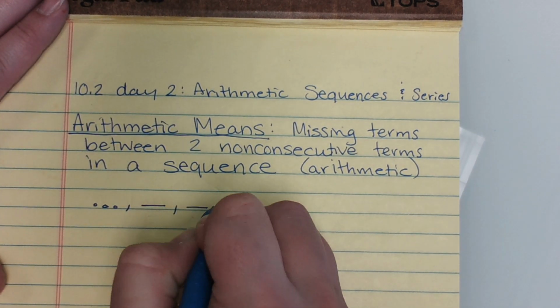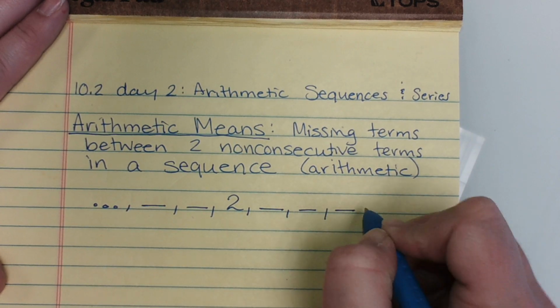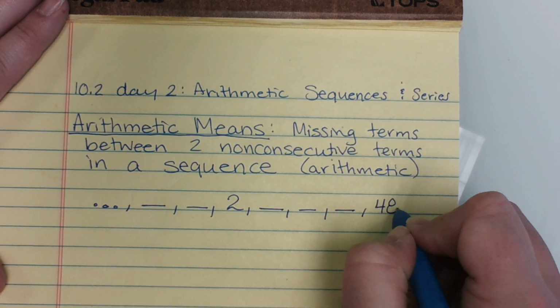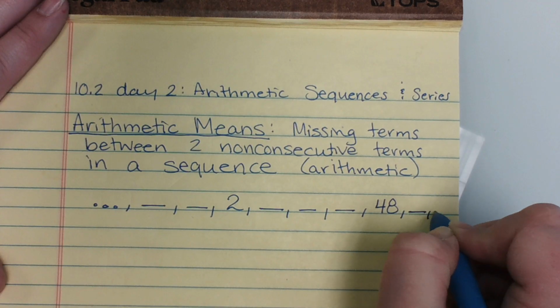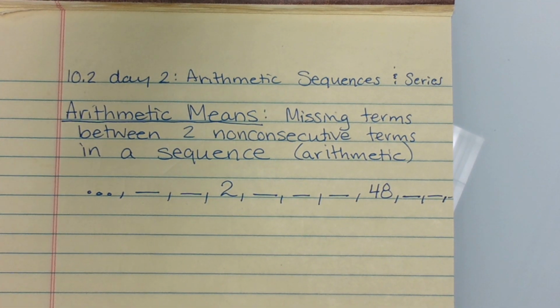So if I have a bunch of terms in a sequence, I know that one's 2, I know that this one's 48. How long are sequences, by the way? When does a sequence stop?